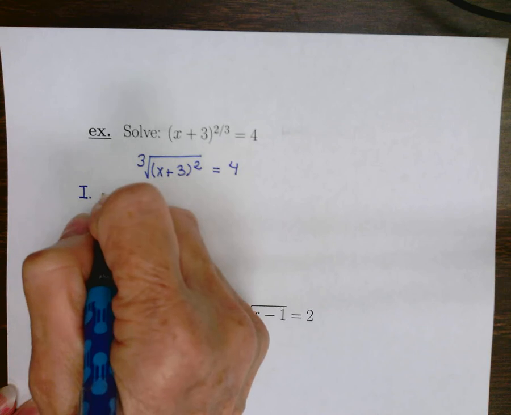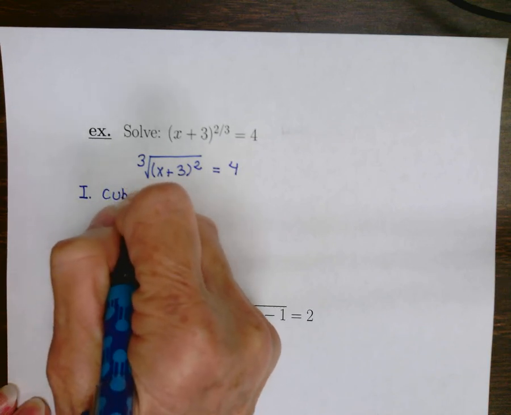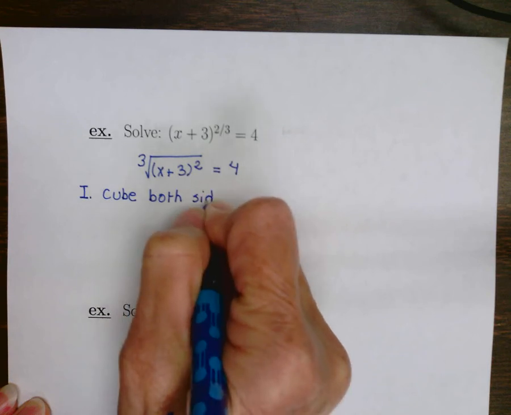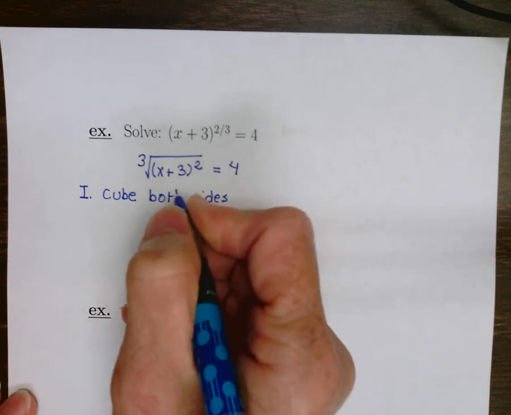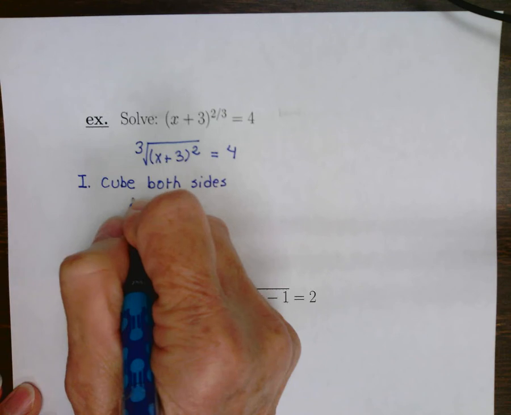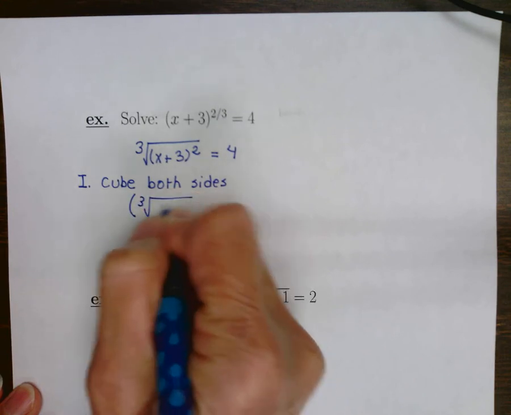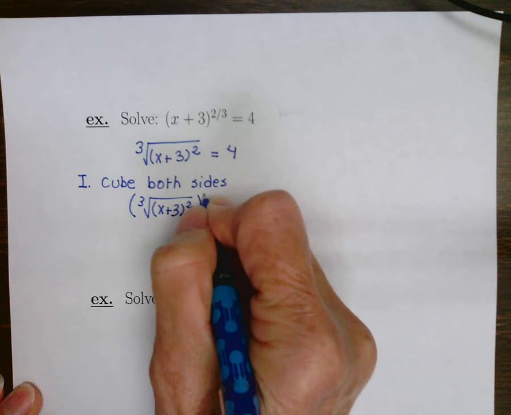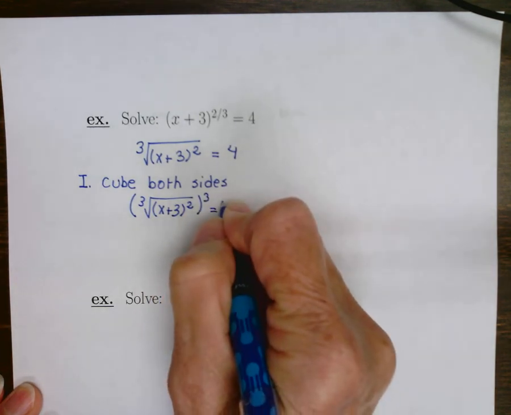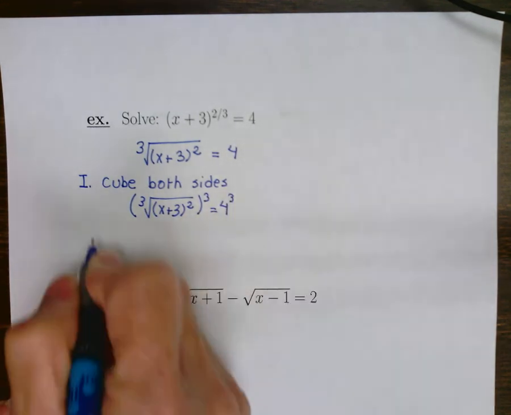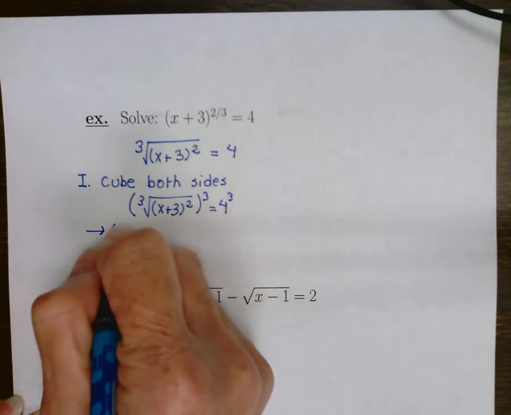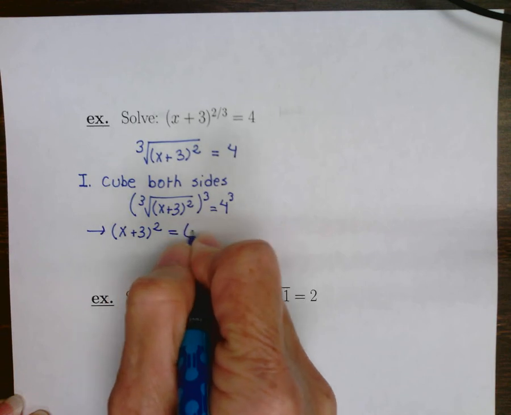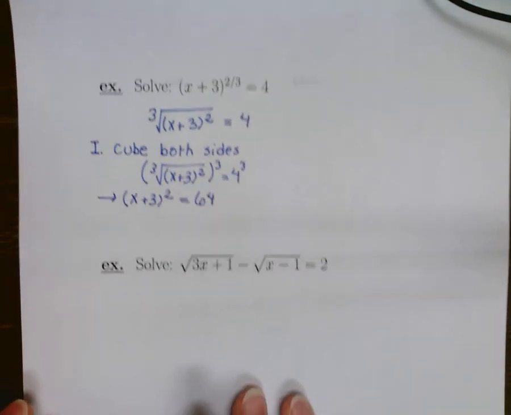So then we just cube both sides, because cubing the cube root will eliminate it. So we have the cube root of x plus 3 squared. Cubing that equals 4 cubed. Okay, and so I get x plus 3 squared equals 4 cubed, which is 64.